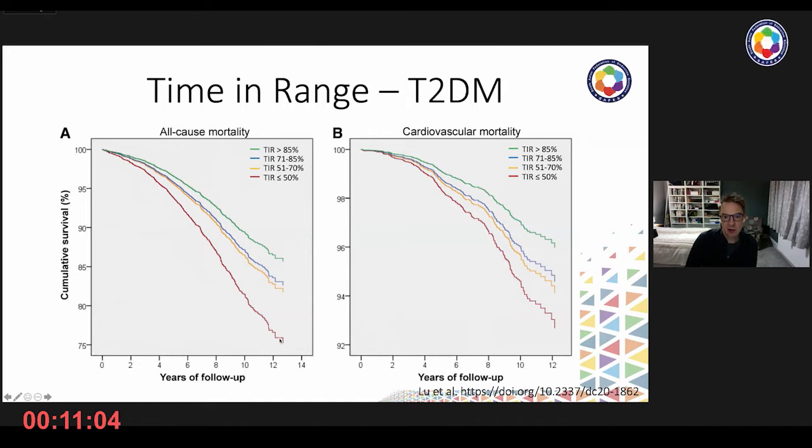You can see if your time in range is below 50, your cumulative survival is much less than for people with a time in range greater than 85%. And the same is true if we look specifically at cardiovascular mortality in people with type 2 diabetes. So this is a large group of people over a long period of follow-up using continuous glucose monitoring to assess time in range at baseline with robust mortality data.